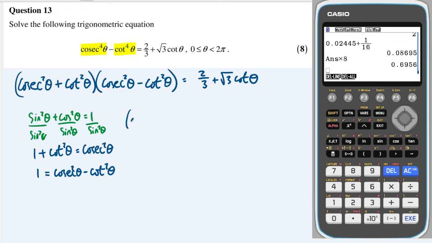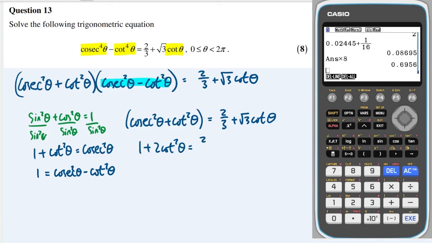So this now becomes cosec squared theta plus cot squared theta times by this, which is equal to 1, is equal to this, and cosec squared plus cot squared, well, I've got a cot on this side, so ideally I want my whole equation in terms of cot, so I want to remove cosec squared, and we know that cosec squared is 1 plus cot squared, so add another cot squared, we get 1 plus 2 cot squared is equal to 2/3 plus root 3 cot theta.